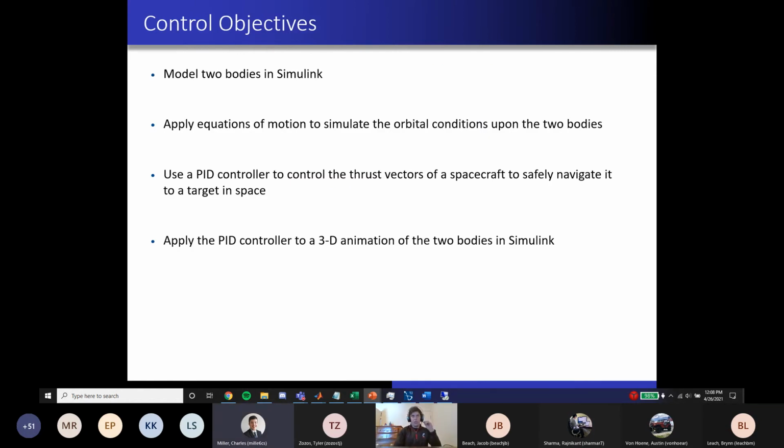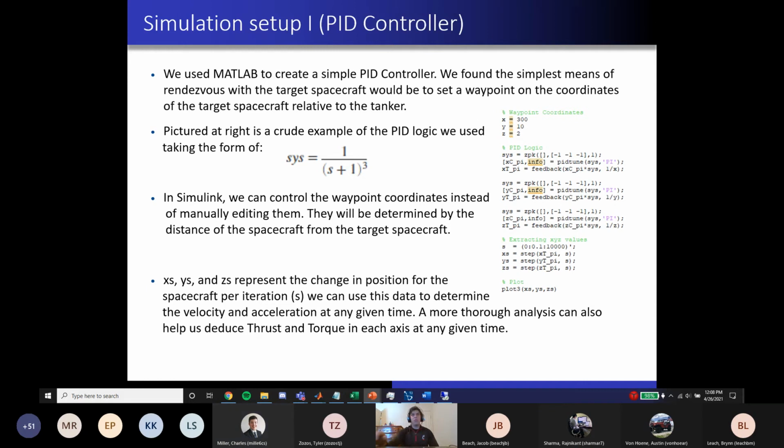So our control objectives here are to model the two bodies in Simulink, the chaser and the target; apply the equations of motion that Charles went through to simulate the orbital conditions on the bodies; and then implement the PID controller to autonomously dock them. The PID controller we used, we did in MATLAB.